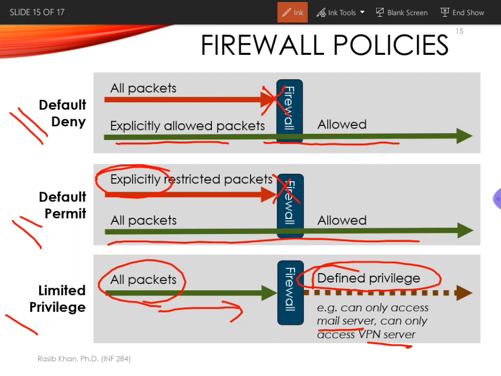So there are many ways that you can define limited privilege. You can combine these different rules to define the firewall policies and eventually be able to control what goes in and what goes out.